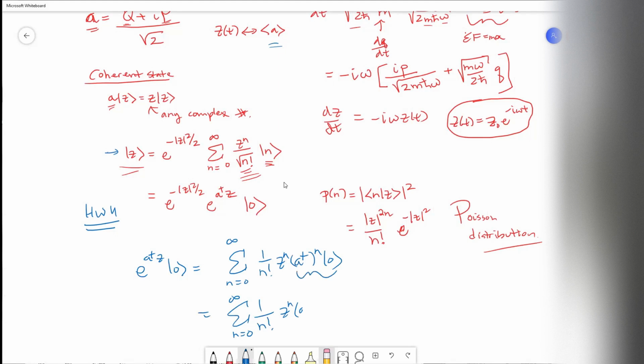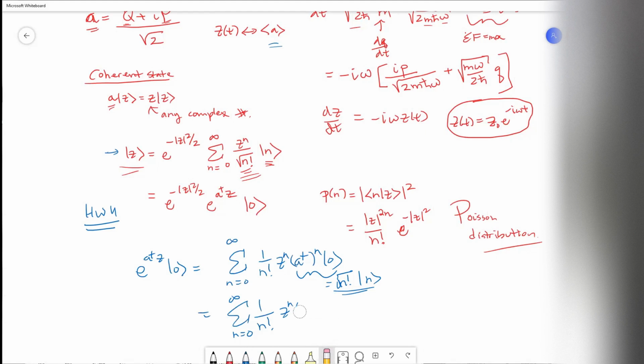This is square root of n factorial, because each time you act with a dagger, it'll bring in a factor of square root of n for the next state over, so if you do it n times, you get 1, 2, 3 multiplied out all the way up to n. So you get a square root of n factorial.